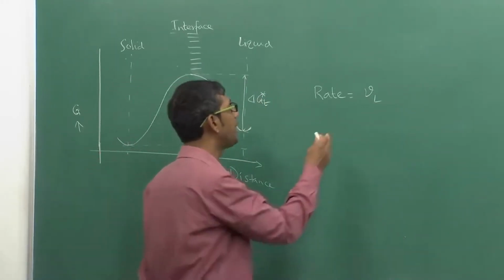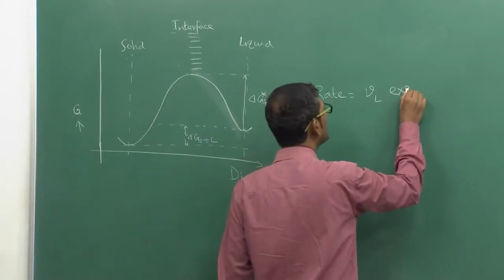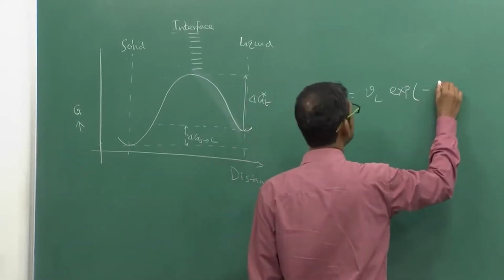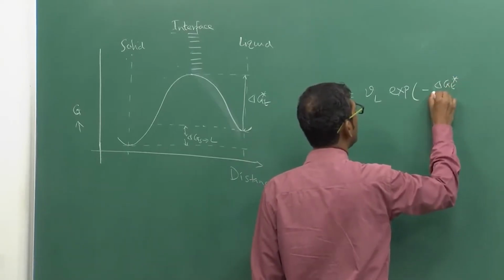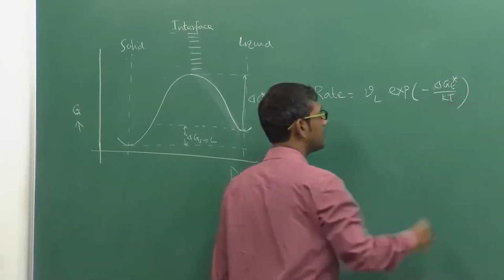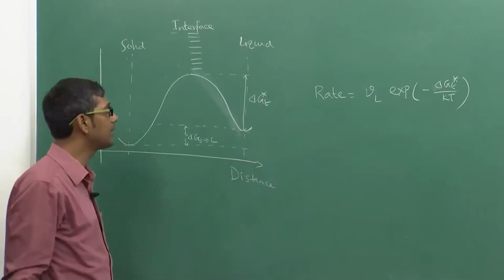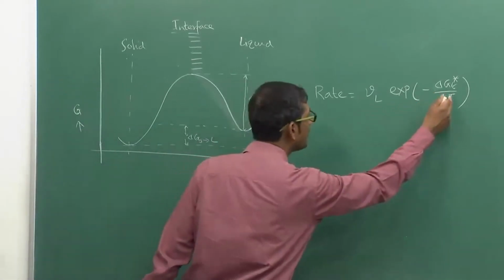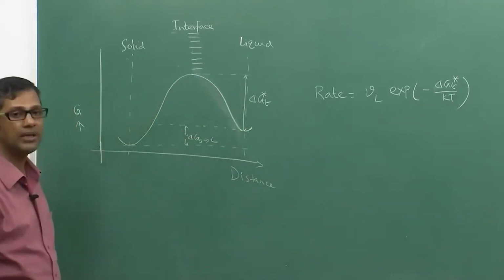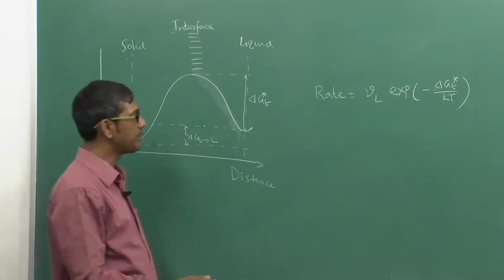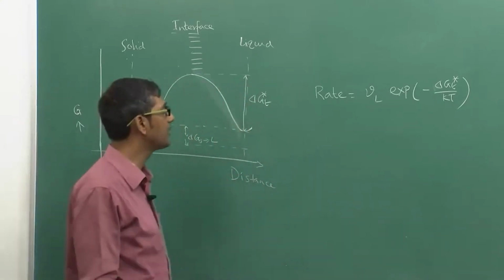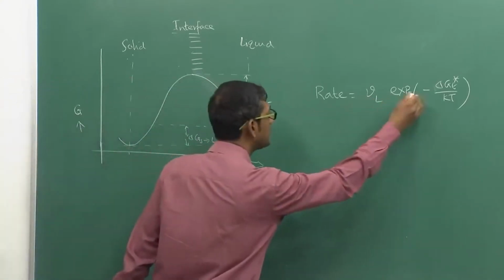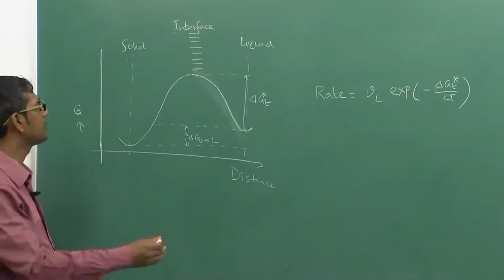Let us suppose this is mu L multiplied by e to the power of minus delta G star by kT, where delta G star is the transport barrier, the barrier height per atom, divided by the thermal energy per atom, that is kT. This gives you the rate, because mu L is related to the frequency of jumps, and the exponential term is the probability that they can cross the barrier.